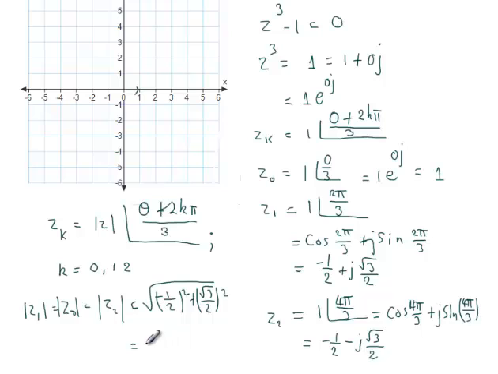I think you can see that gives you 1/4 plus 3 quarters, which ends up being 4 quarters, which is 1, square root 1. So the 3 numbers have the same modulus.